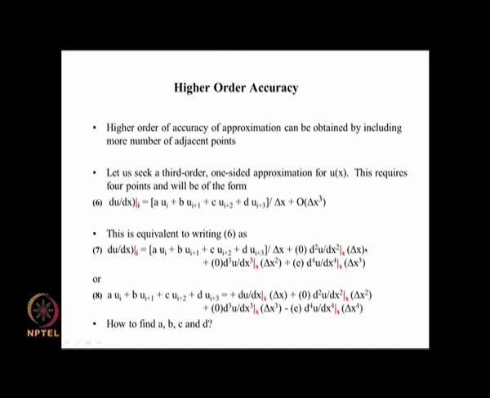Here again you have factorial 2, it does not matter because it is multiplied by 0, and a coefficient e times the fourth derivative at x times delta x cube by factorial 4, which can be subsumed in this coefficient here.